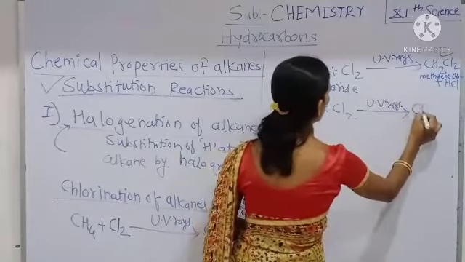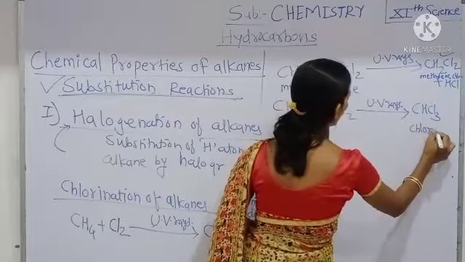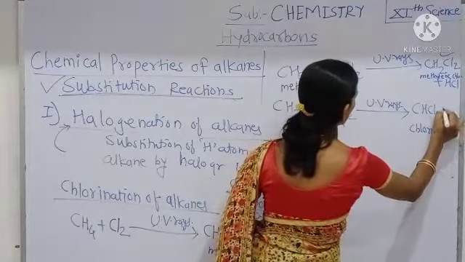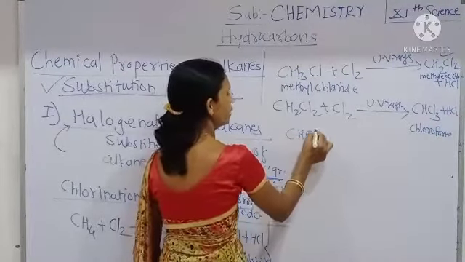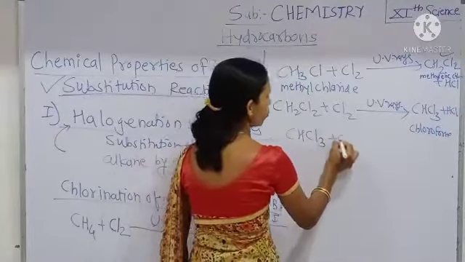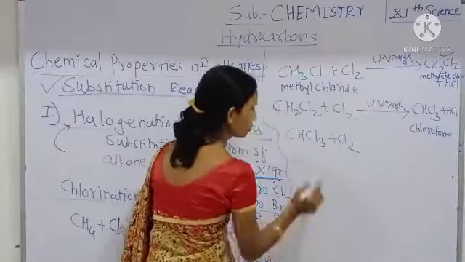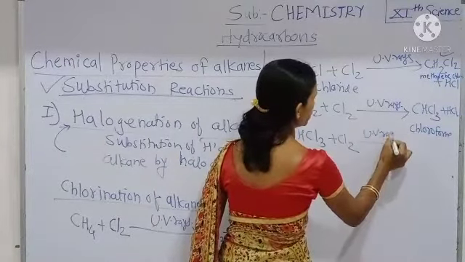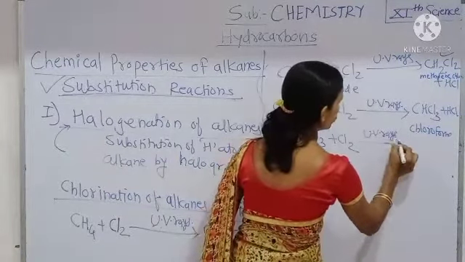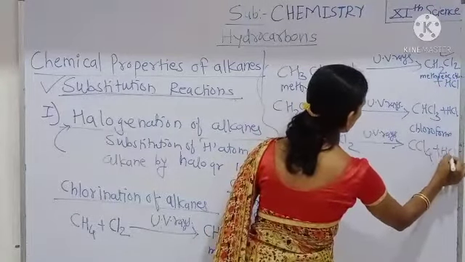It is converted into CHCl3, that is chloroform, plus HCl. And finally, chloroform undergoes chlorination in the presence of UV rays to give carbon tetrachloride.